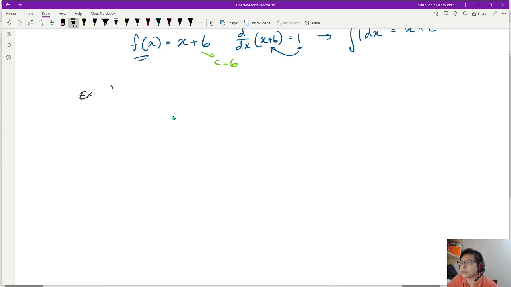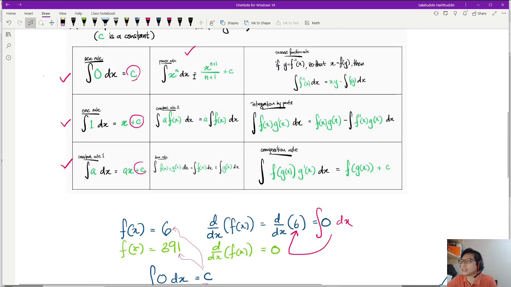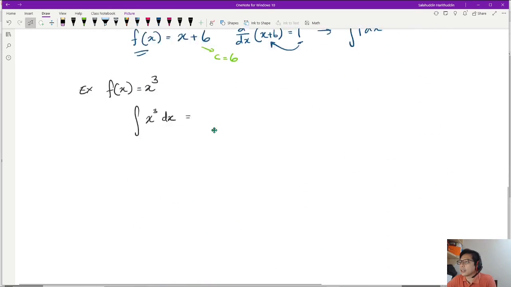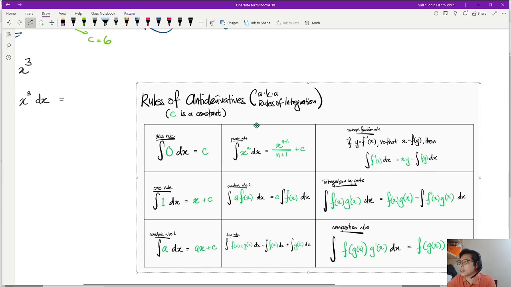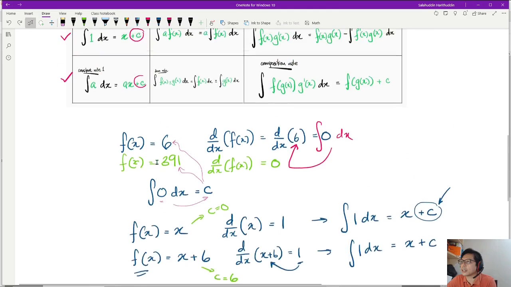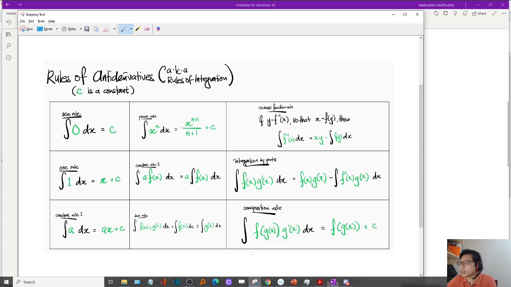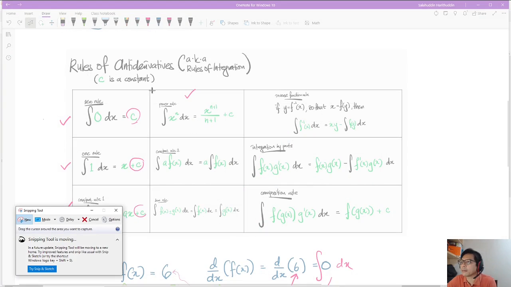So if you have, let's say, f of x equals x cubed, and you're trying to find the integral of x cubed with respect to x.